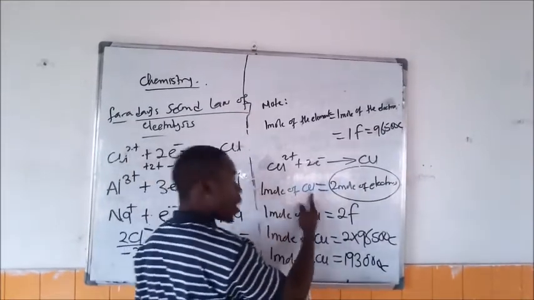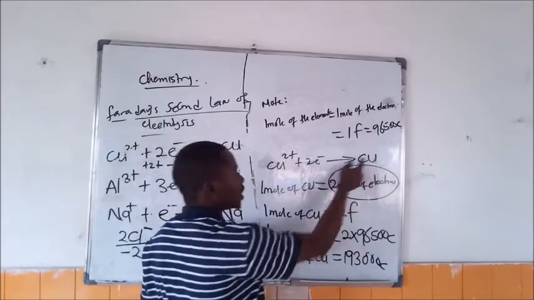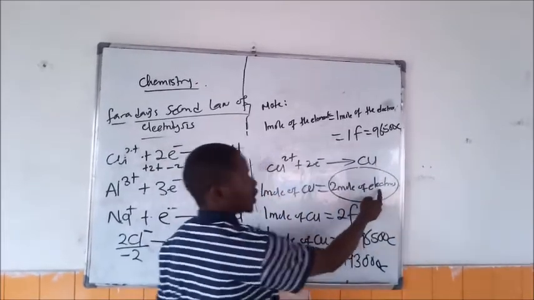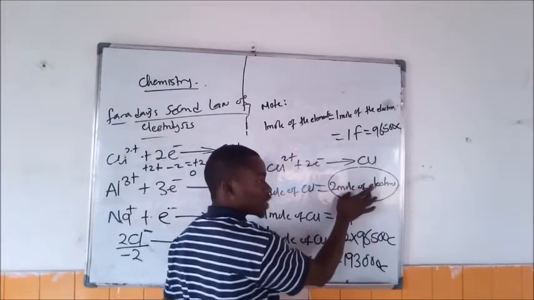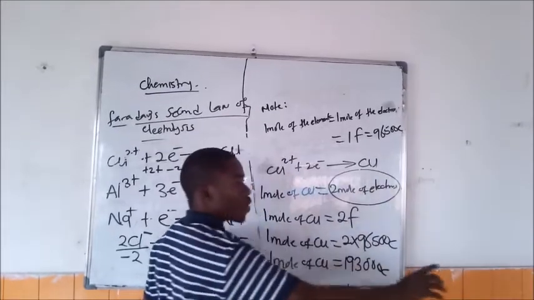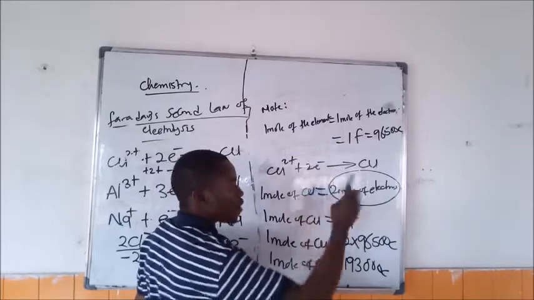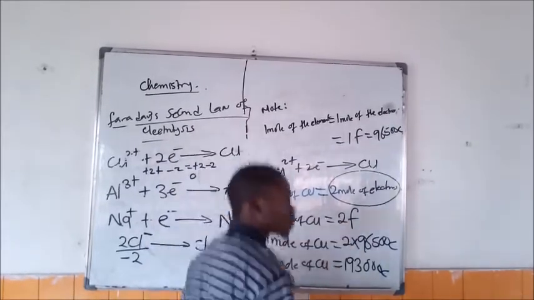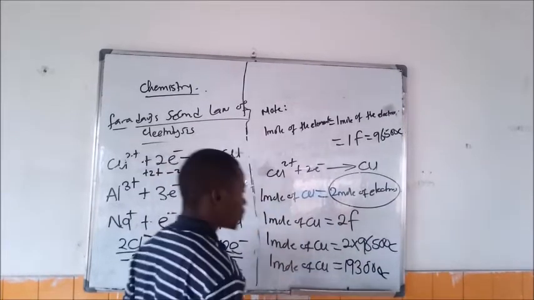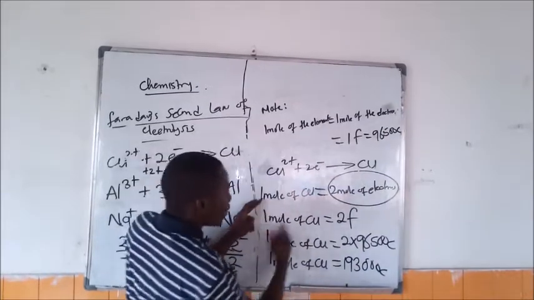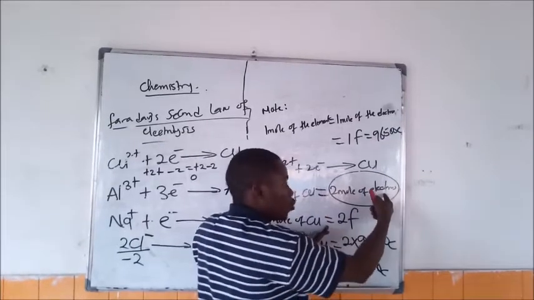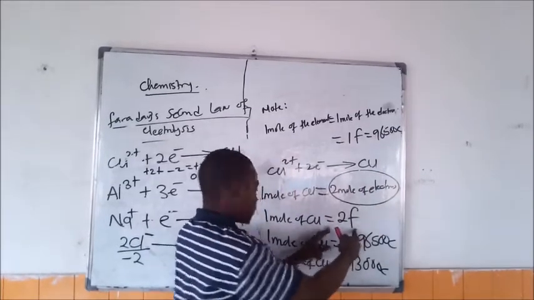Normally 1 mole of copper discharged requires 2 mole of electrons, and these 2 mole of electrons will require 2 farad.